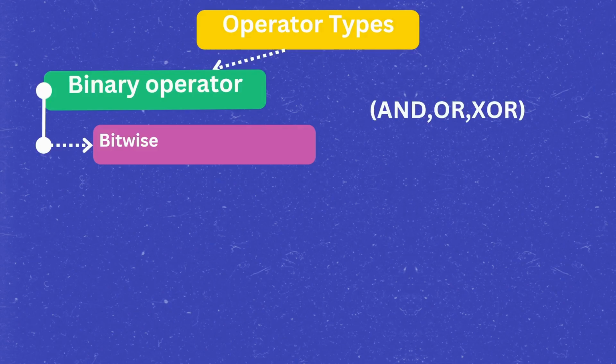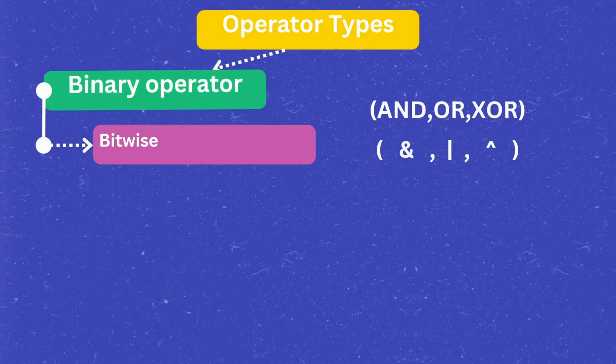So there are three kinds of bitwise operator: bitwise AND, bitwise OR, and bitwise XOR. Apart from this, we also have some more bitwise operators, but as a Java developer developing a web application or an Android application, we don't use bitwise operators much. So we'll just discuss three of them, AND, OR, XOR, just for our knowledge.